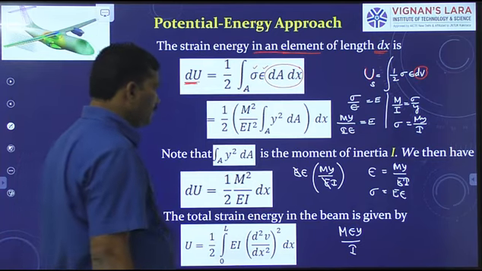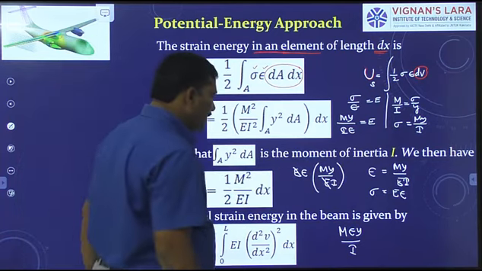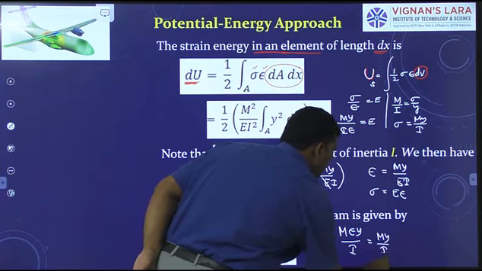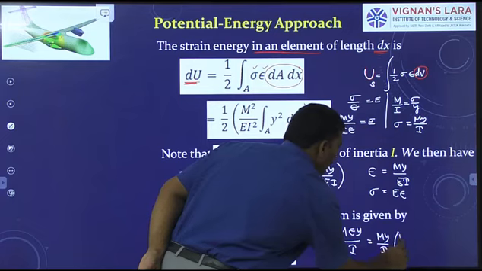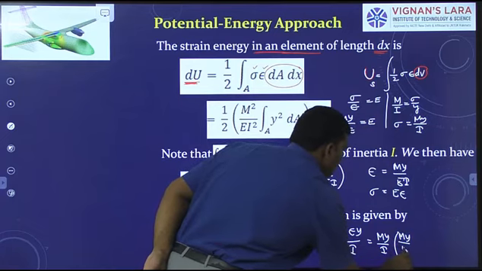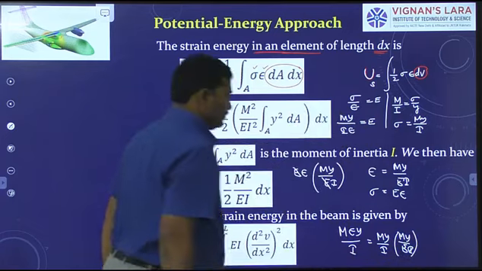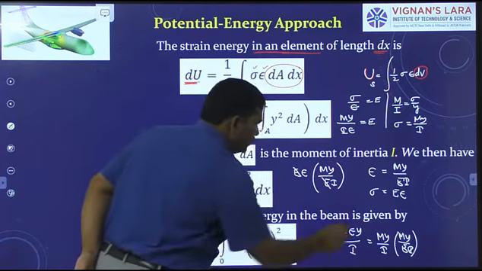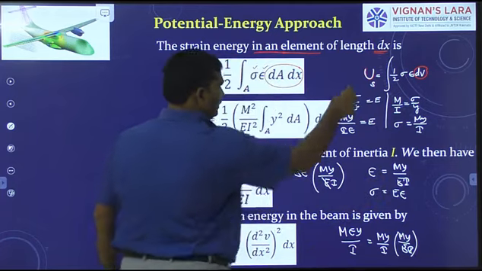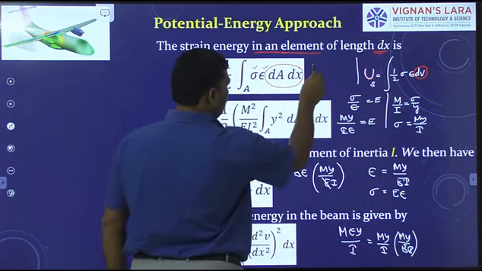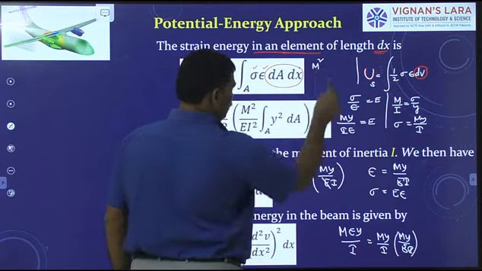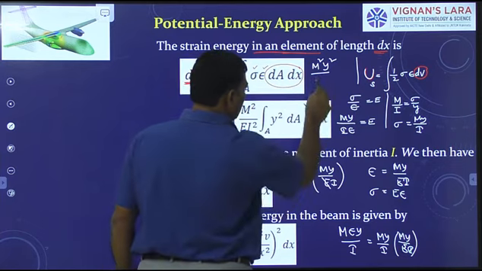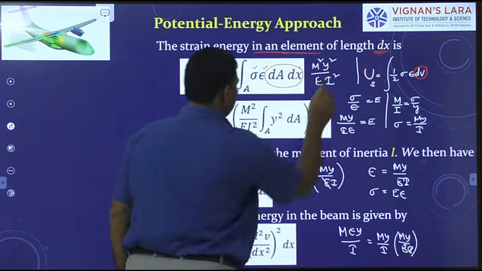Now what is epsilon? My by I into, again, My by EI. Then what you get is M square y square by E I square.